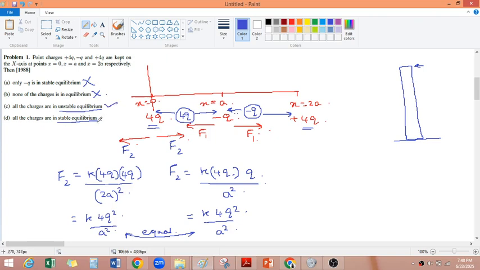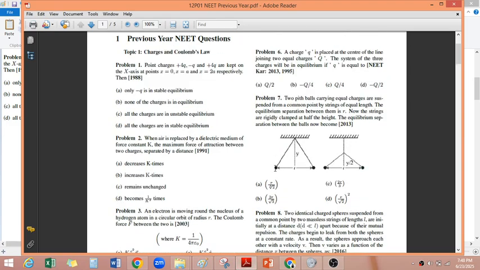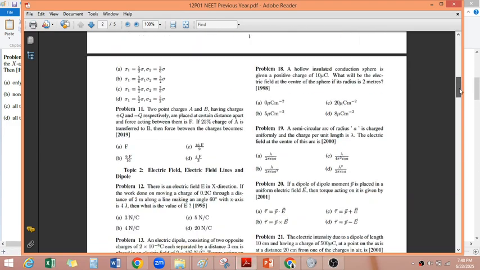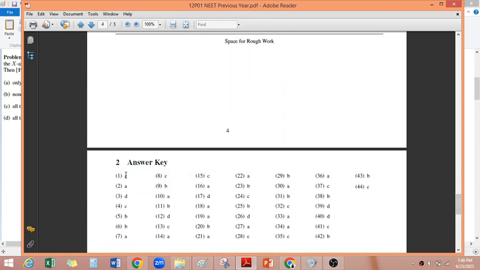All the charges are in stable equilibrium: no, because we found that this is not in equilibrium. So I think I will choose C. Maybe if you want, we can double check the answer. Yes, the first one is C.